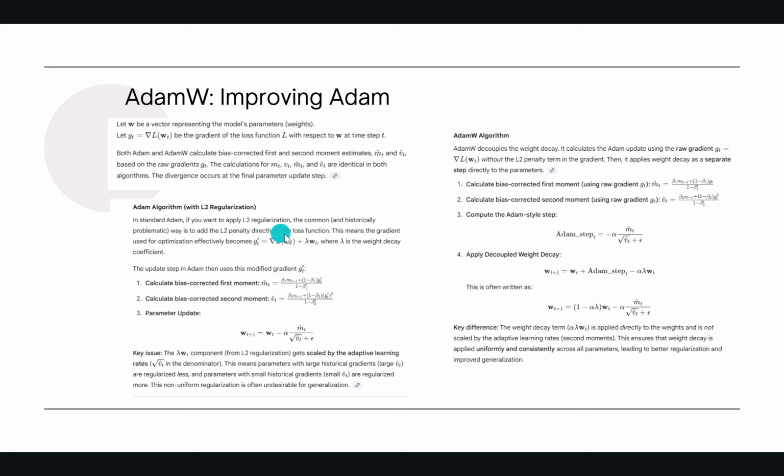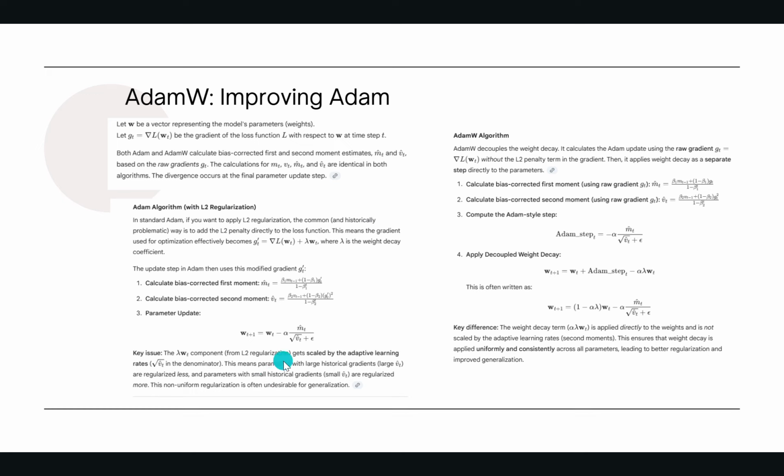So we have our gradient here and our regularization term here, and then our updated G prime, which represents the updated gradient with regularization. After you pass it through the bias correction and the adaptive learning rates, what will happen is that the regularization is no longer uniform, right? Because it gets scaled by the adaptive learning.